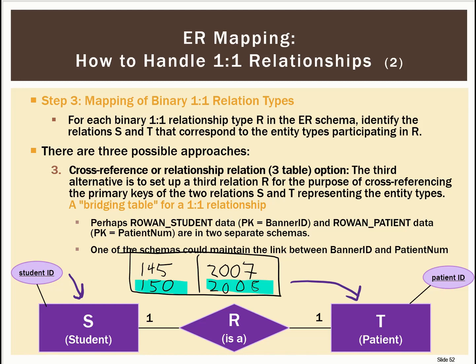So this is a way to kind of keep things separate. All student stuff is in the student table, all patient stuff's in the patient table, and a third table bridges them. In the next slide, we will talk about these three options and why you would choose one versus the other.